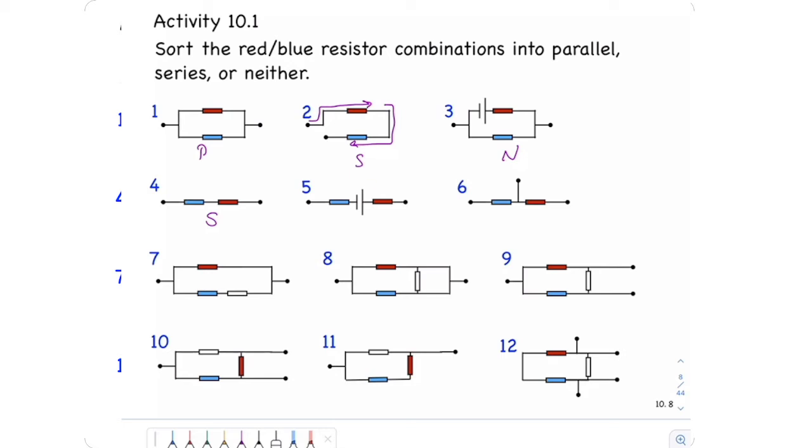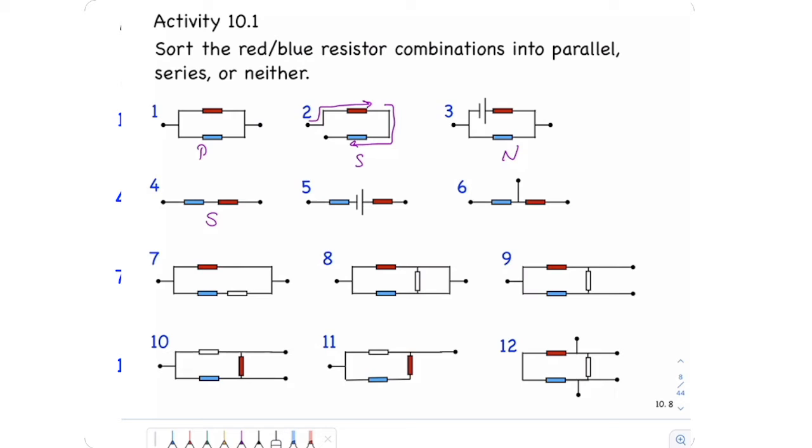Okay, here are a bunch of neithers. We have this voltage source kind of in the way, right? We had a voltage source over here, and that made it so it wasn't parallel. Does the current through the blue resistor have to equal the current through the red resistor? What do you think?